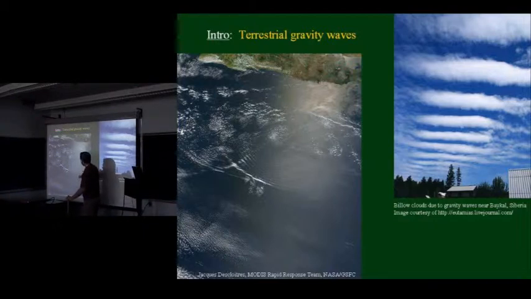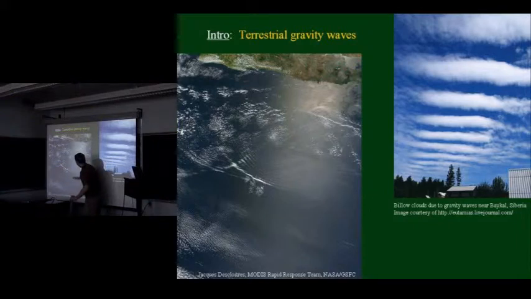What's going on here is that there is a stably stratified air mass between the surface of the ocean and this cloud deck resting at a few kilometers up. And within that stably stratified air mass, the gravity waves, presumably excited as the air mass came off the coastline over here, can propagate in that stably stratified slab.